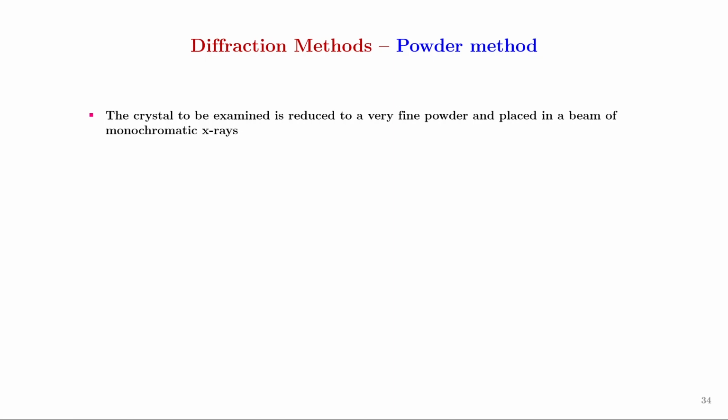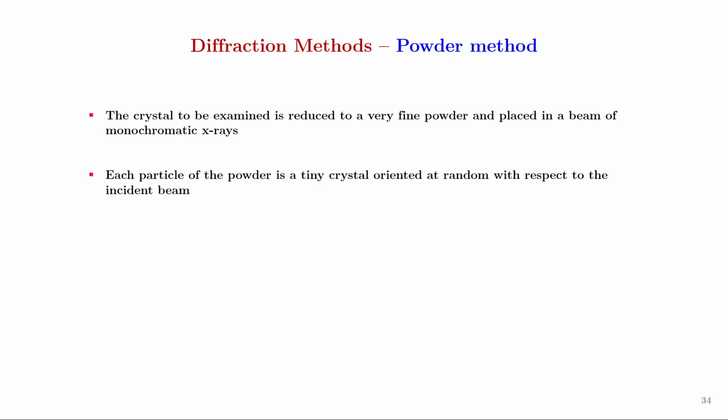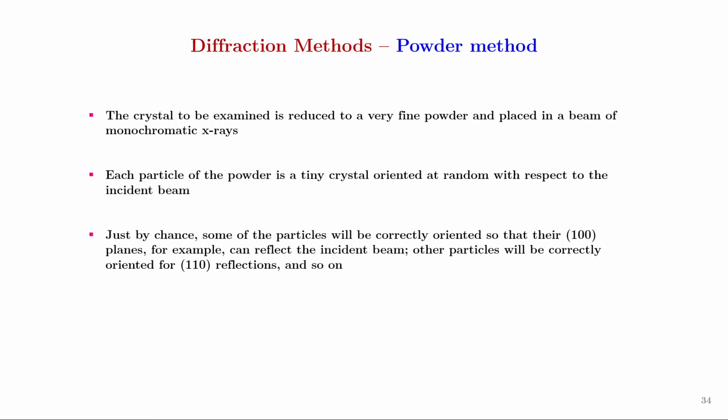Finally, the powder method. Here, the crystal to be examined is reduced to a very fine powder and placed in a beam of monochromatic X-rays. Each particle of the powder is a tiny crystal oriented at random with respect to the incident beam. Just by chance, some of the particles will be correctly oriented so that their 100 planes, for example, can reflect the incident beam.